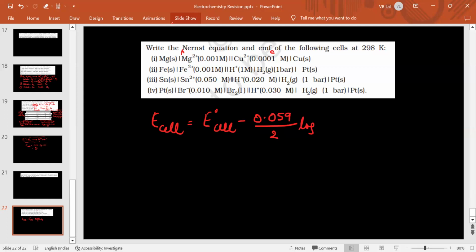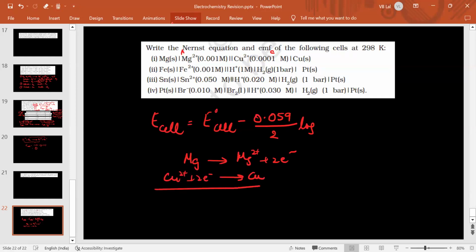Okay, so what is the product in this reaction? You should write the cell reaction here. So Mg gives Mg2+ plus 2e-, and Cu2+ plus 2e- gives you Cu. So this and this get cancelled.